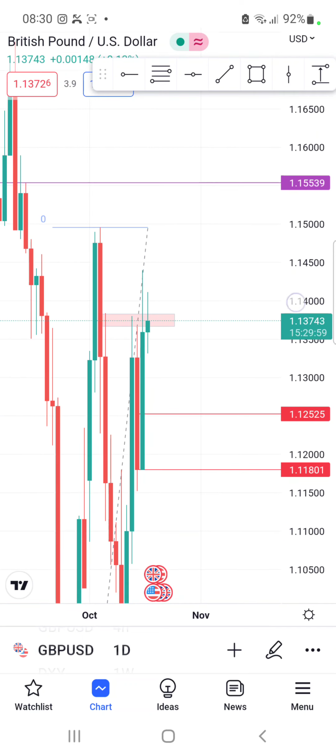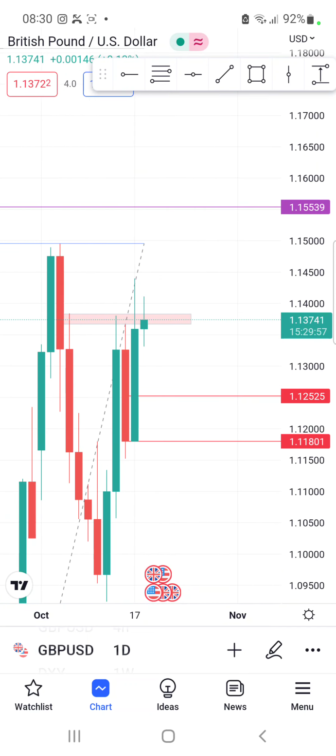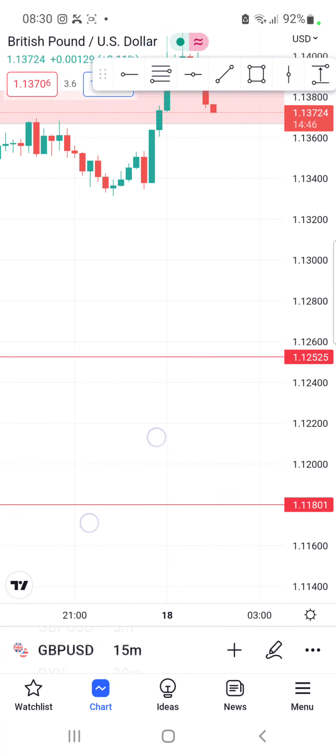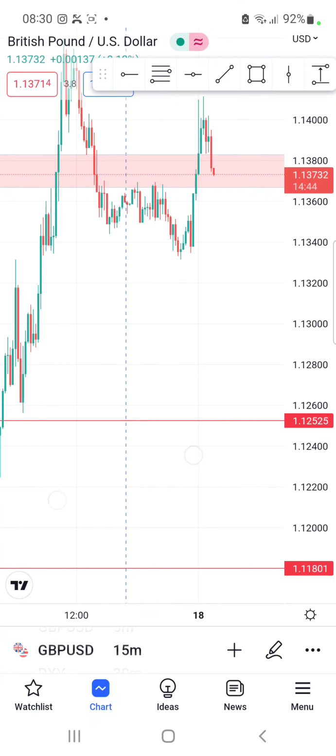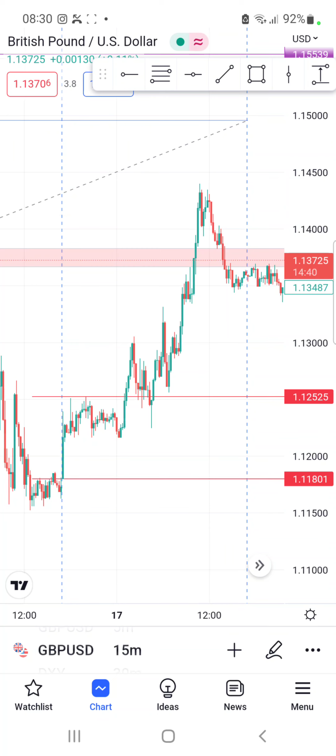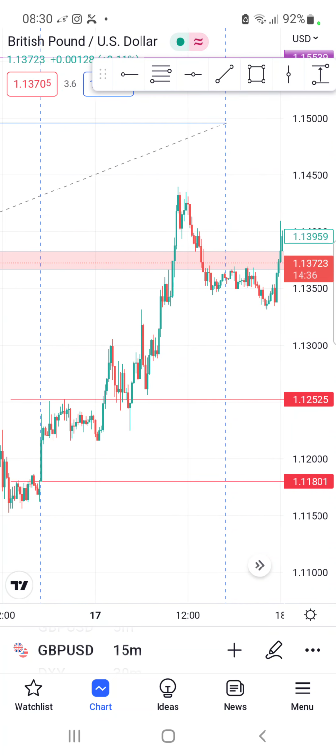If a day like yesterday, you see, yesterday was a bullish day. Let's go to 15 minutes. From this dotted line to this dotted line, that's the price movement in 15 minutes for yesterday.